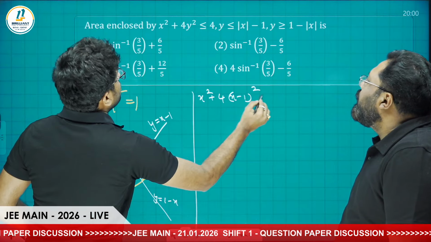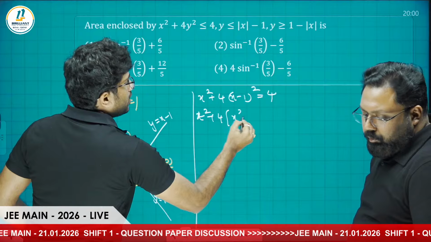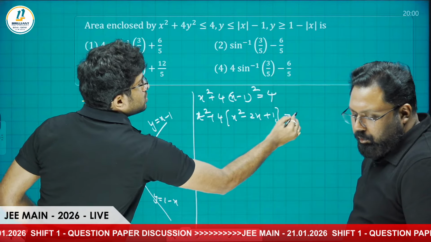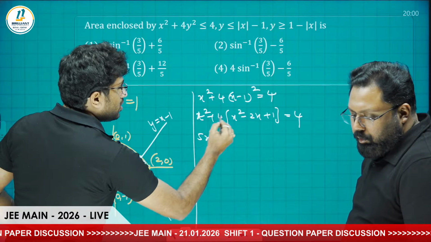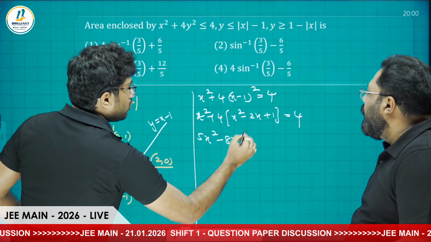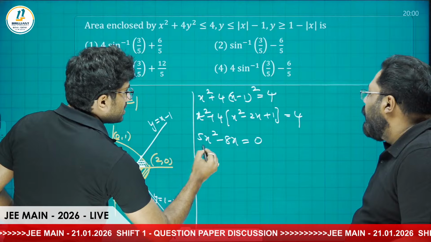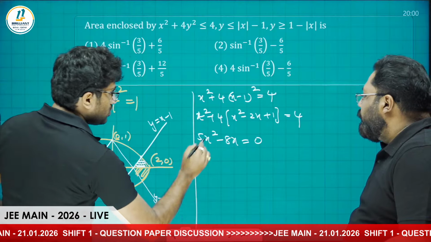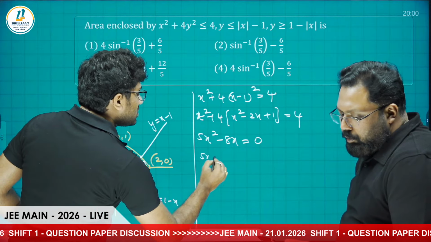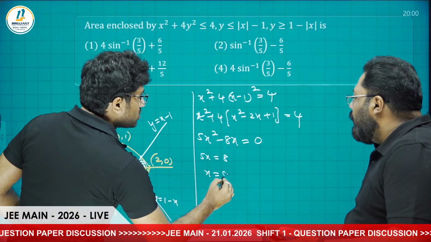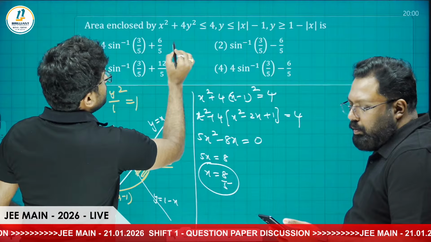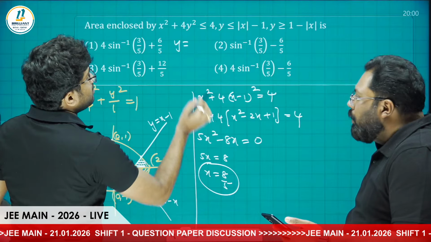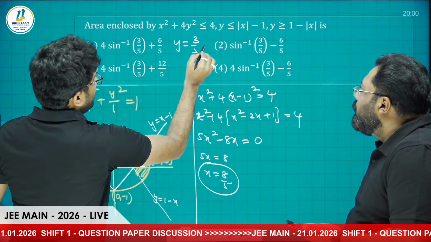X square plus 4 into (x square minus 2x plus 1) is equal to 4. X square plus 4x square is 5x square, 4 twos are 8x, 4 gets cancelled. So x common, already x is equal to 0, it's fine. Next 5x is equal to 8, x is equal to 8 by 5. If x is equal to 8 by 5, what is y? Y is equal to x minus 1, that is 3 by 5.